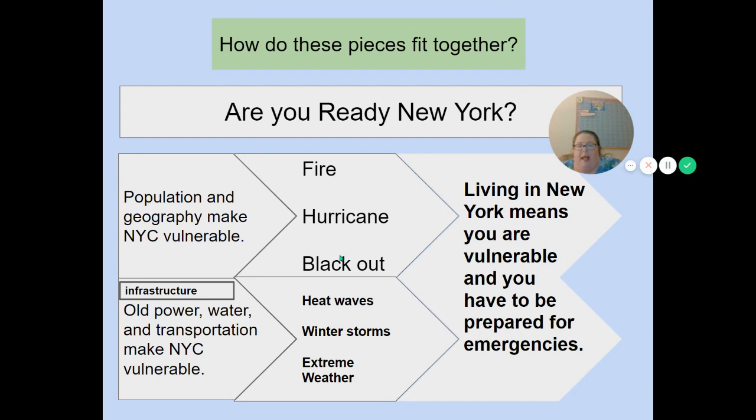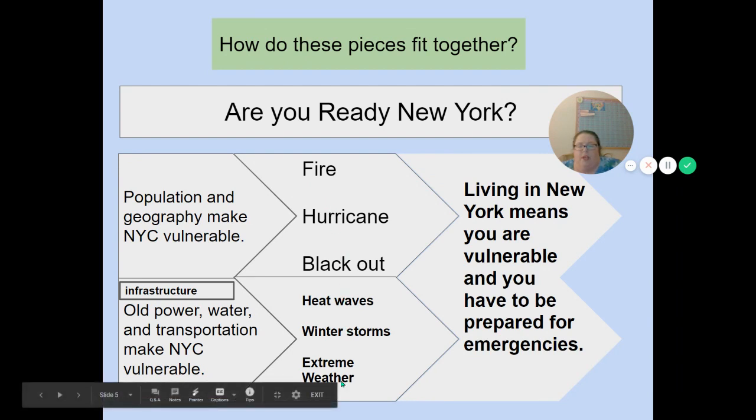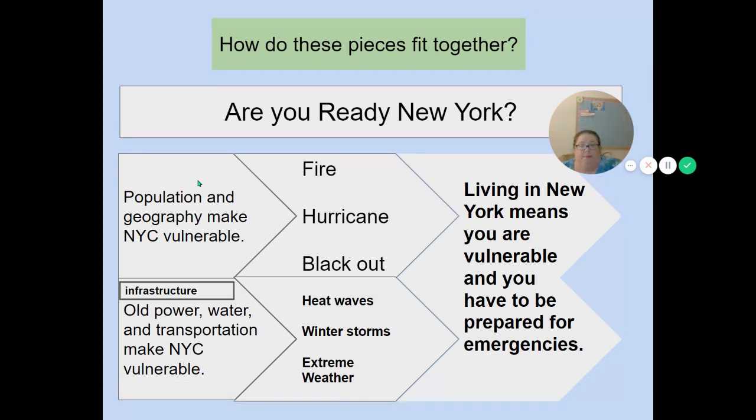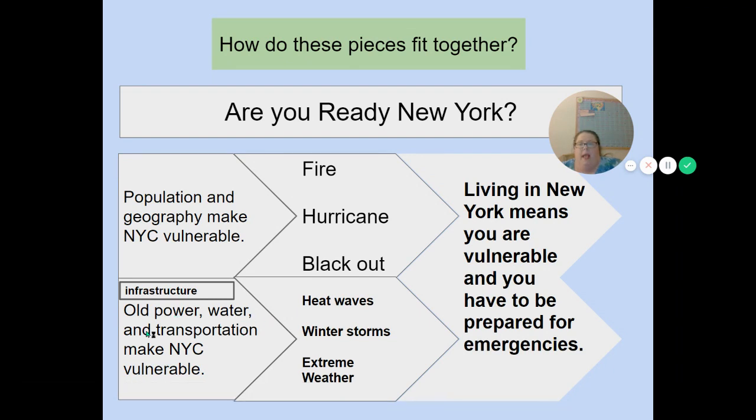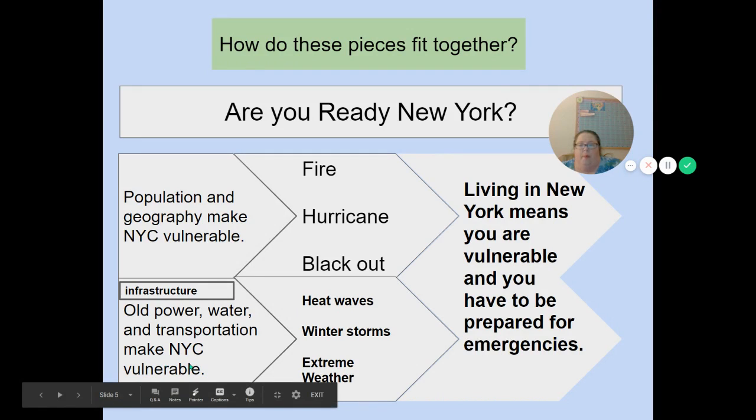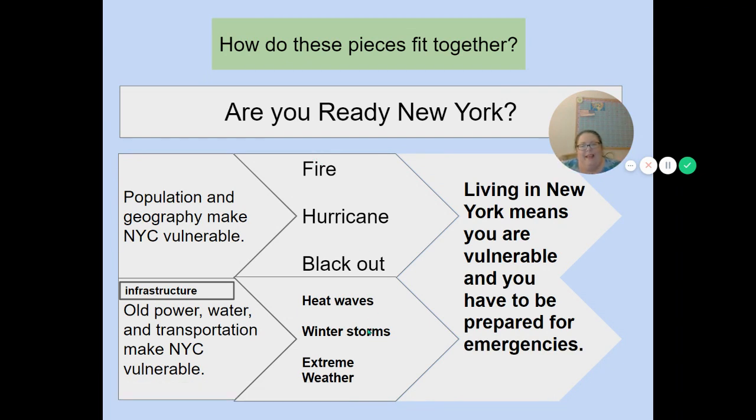Fire, hurricane, blackout, heat waves, winter storms, and extreme weather make it very difficult for the large population during an emergency. Also, because of the old power, water, and transportation systems, it makes New York City vulnerable during these types of events.